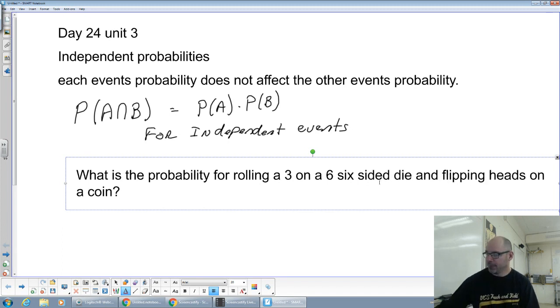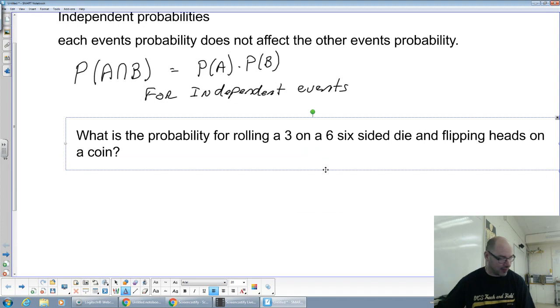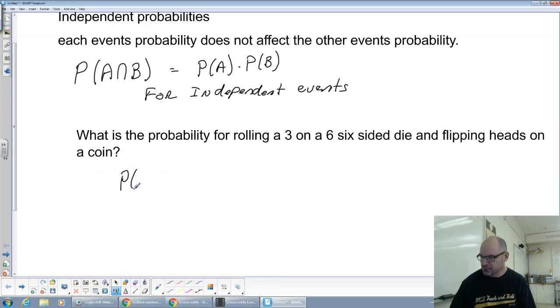Basically, it's the probability of rolling a 3 on the die times the probability of getting heads on the coin. The probability of rolling a 3 on the die: there's only one 3, so it's 1 out of 6. The probability of getting heads on a coin: there's 1 heads out of 2 sides.